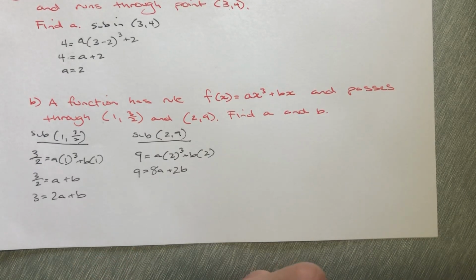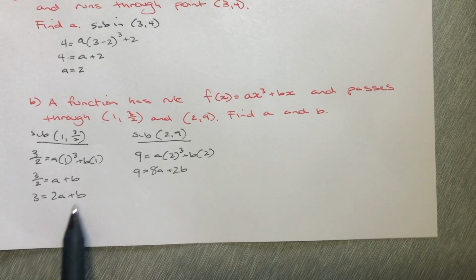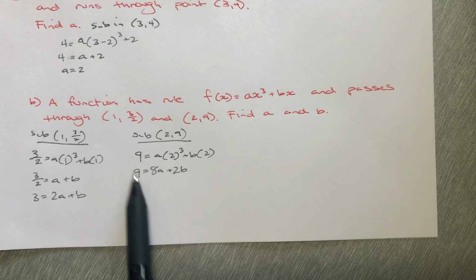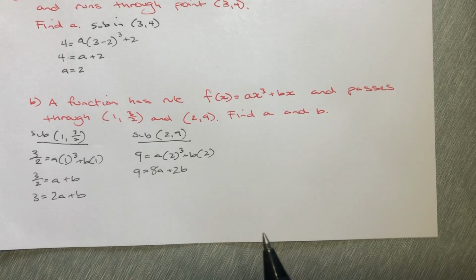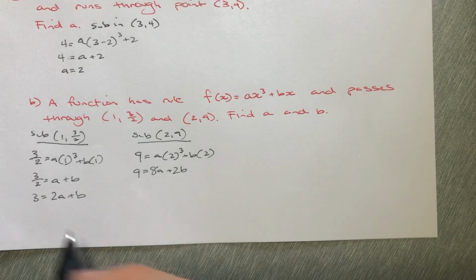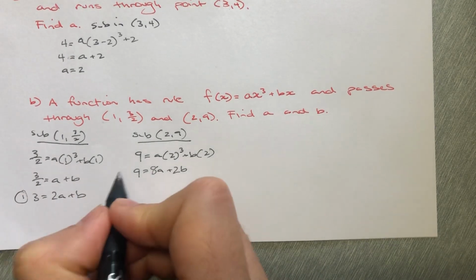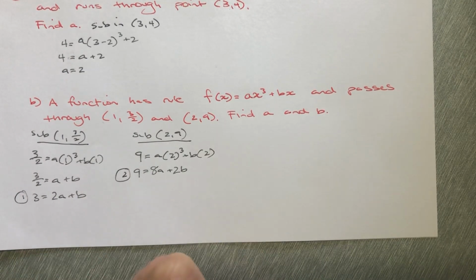All right, there we go. We have a couple of rules. Now, we have a rule that has an a and b. We have another rule that has an a and b. That means we're going to be able to do simultaneous equations with them to find out what a and b are. I might call this one number 1, label this one number 2.